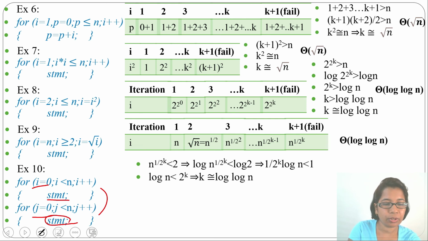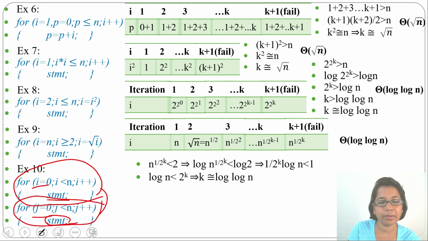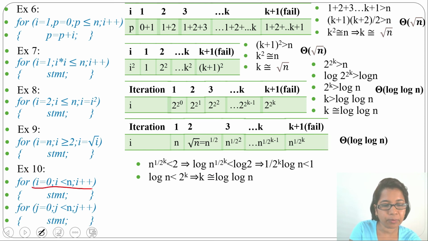So what we will do, we'll find the running time for the first for loop, the running time for the second for loop, then we'll add and find the running time of both for loops. We know for this type of loop running time is n. We can write in sum format, i is 0 to n of 1. There is just one statement and we know this value is approximately theta of n.